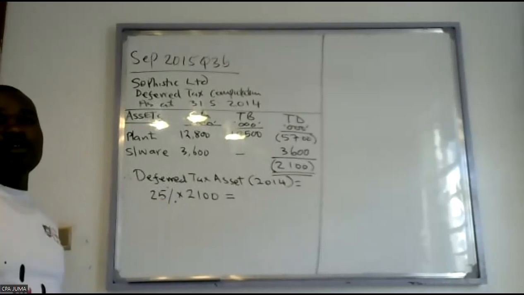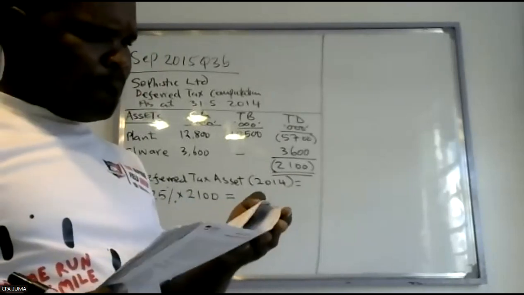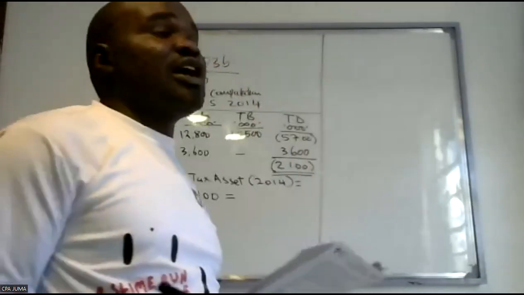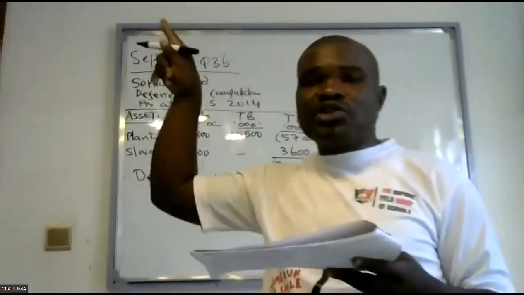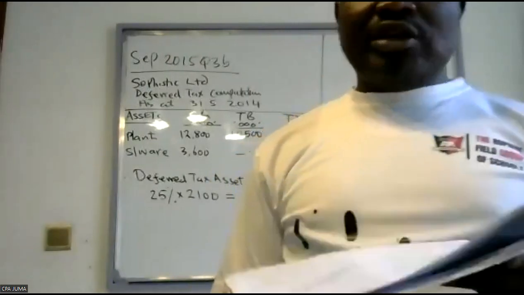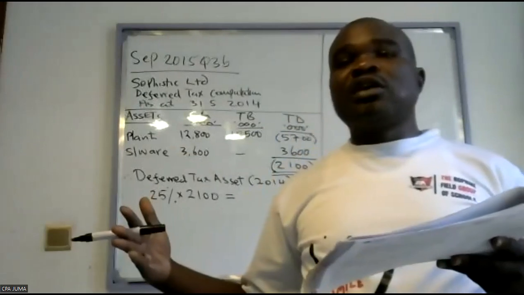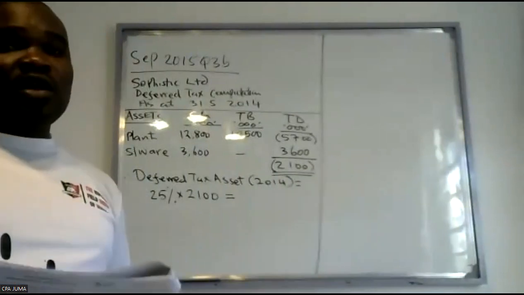Why am I using 25%? When you check where the question started, how they calculated the current tax, up there in that schedule, the tax rate for 2014 was 25%. I think because the company was newly listed. When a company is newly listed, there is always a small tax benefit they are given.